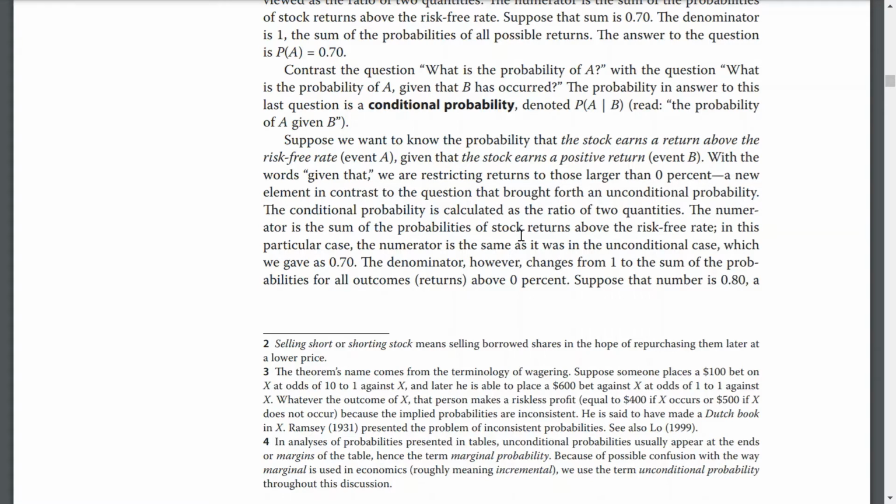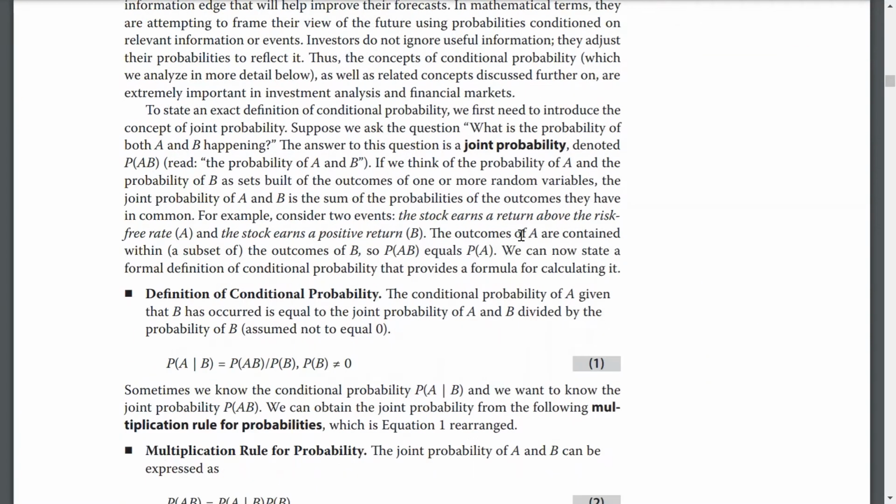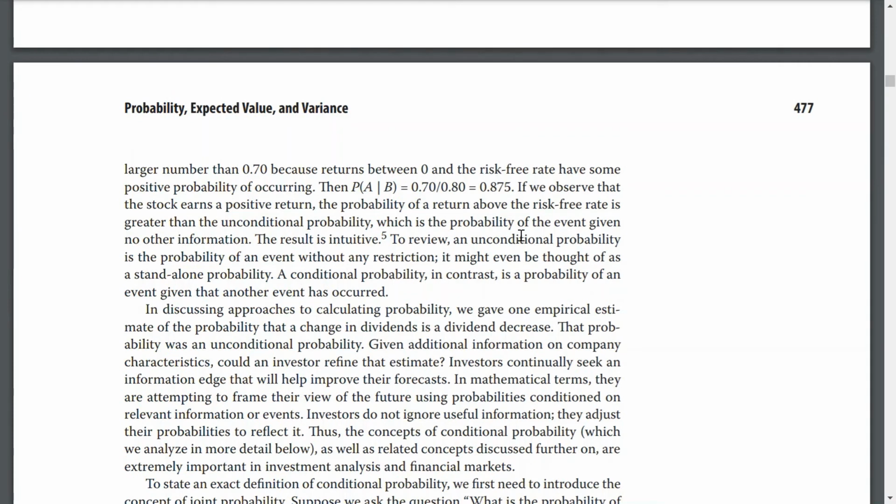The denominator, however, changes from 1 to the sum of the probabilities for all the outcomes of returns above 0%. Suppose the number is 0.8, a larger number than 0.7 because returns between 0 and the risk-free rate have some positive probability of occurring. Then the probability of A given B is 0.875.